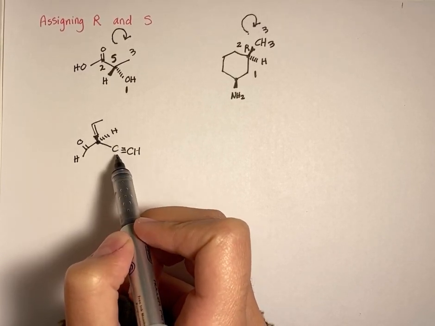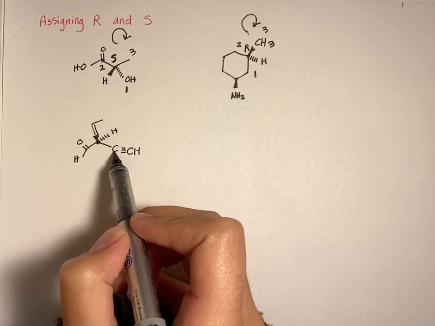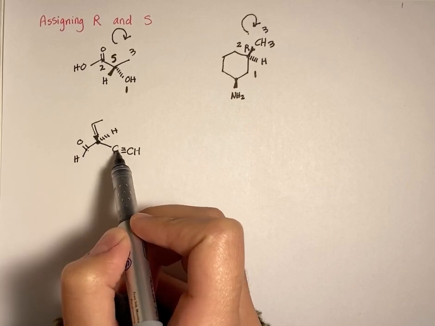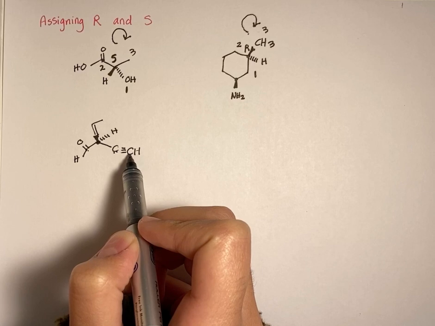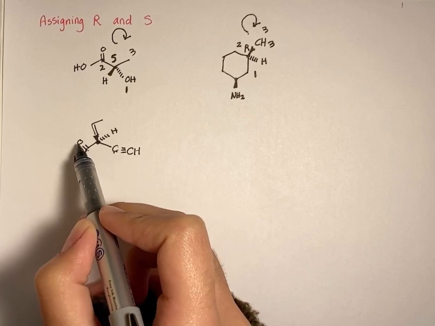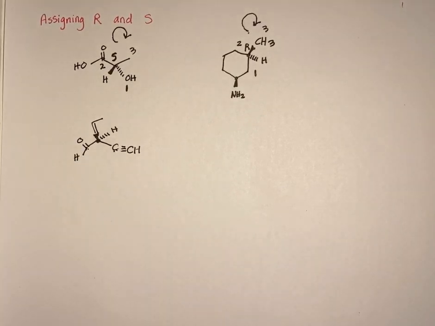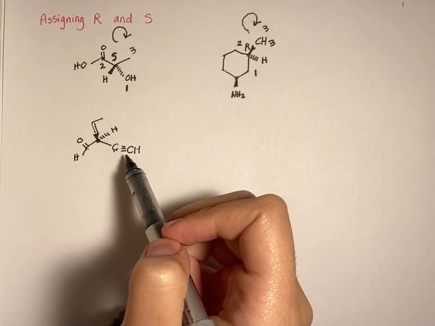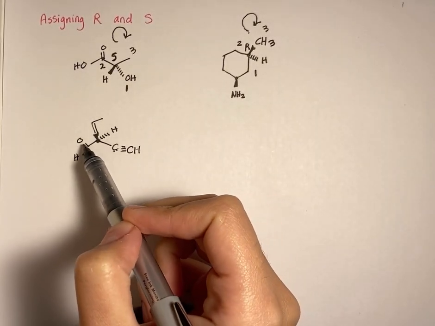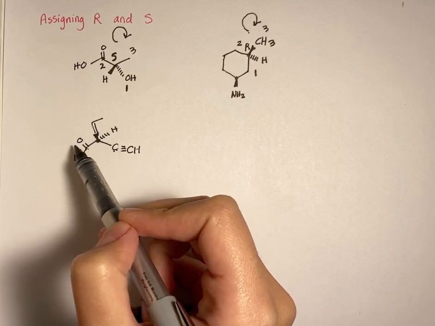So comparing this group and this group, we have carbon, but then attached to this carbon, we have another carbon triple bonded. Here we have oxygen. Oxygen has a higher atomic number, therefore it gets the first priority. Doesn't matter that this one is triple bonded, the fact that here we have an oxygen gives it the priority.